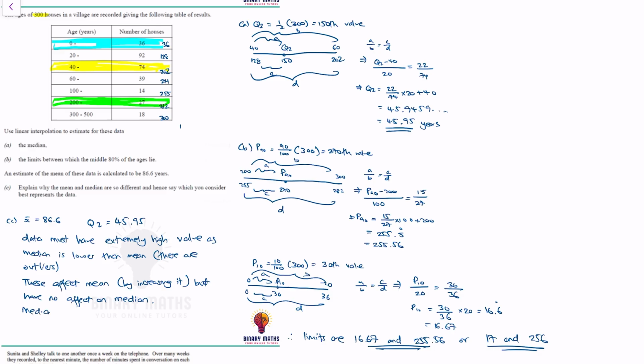Median is better as most of the values are below the mean. Okay, so I would say median is better because it's not affected by outliers.